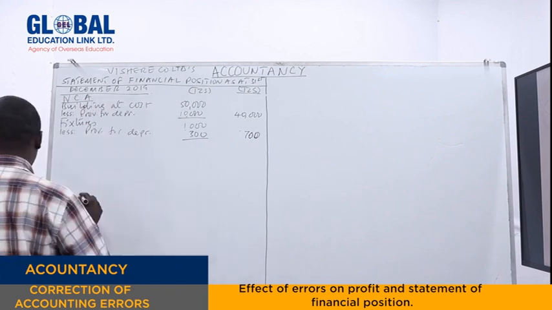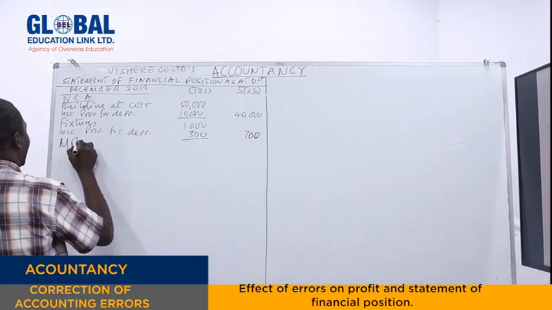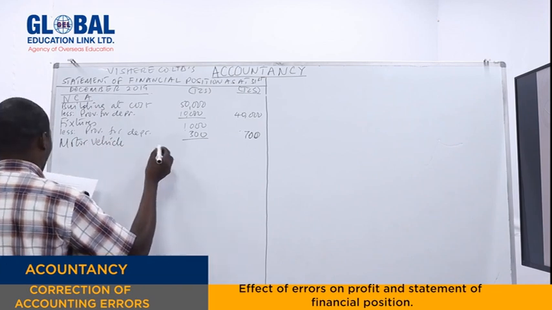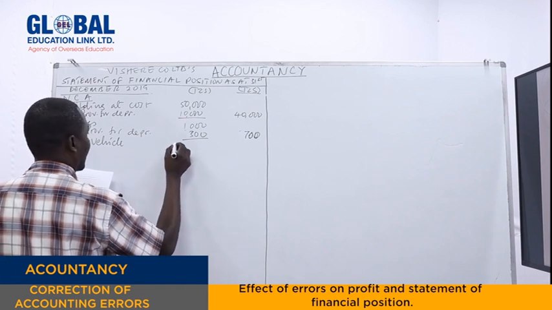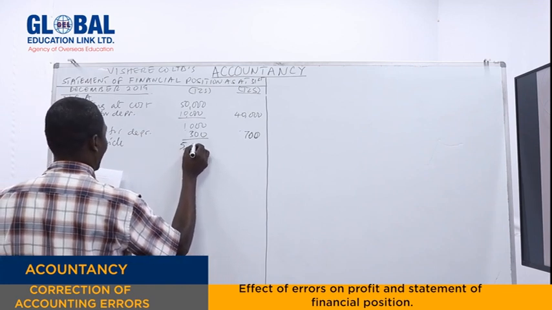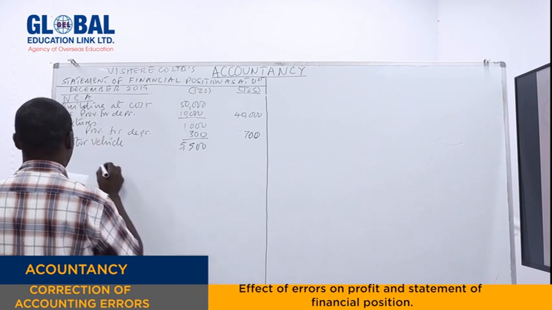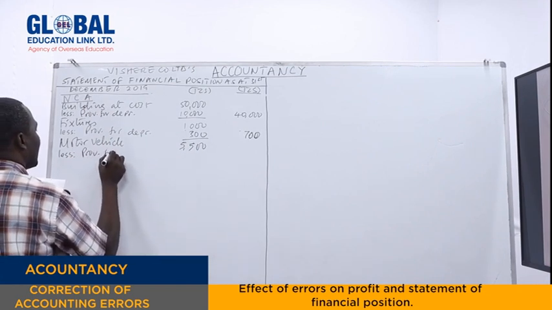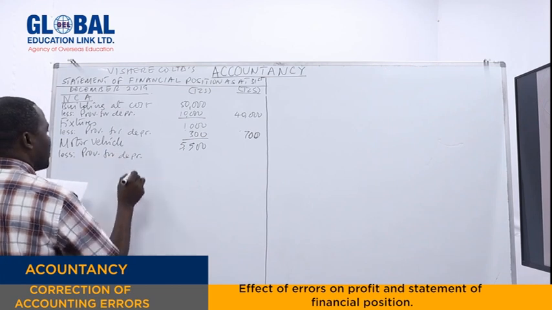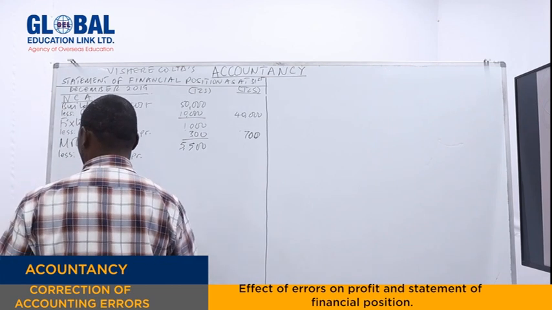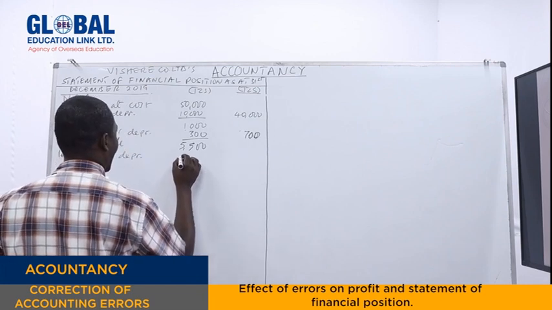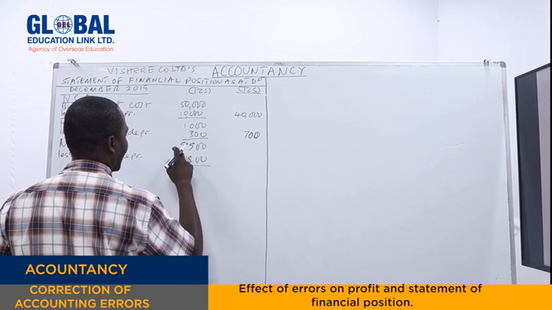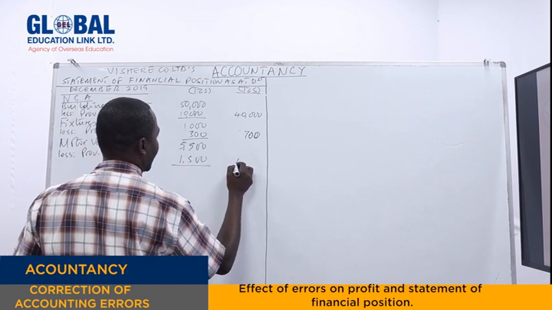Well, we have motor vehicle. The motor vehicle was 5,500. If you deduct provision for depreciation for motor vehicle, which was 1,500, you get 4,000.